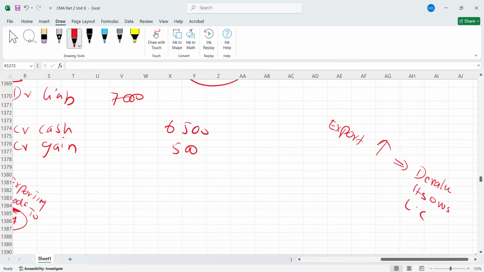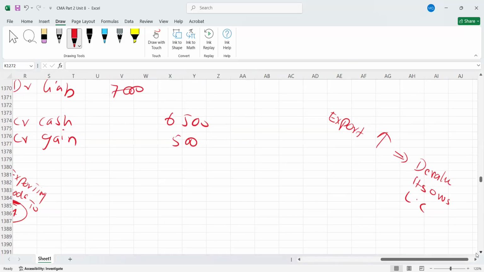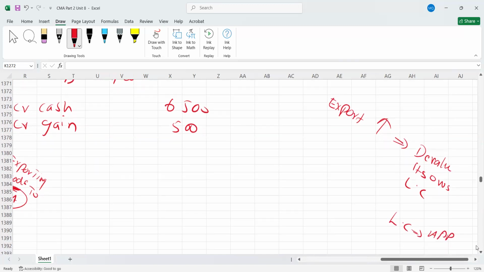But what will happen if the local currency is appreciated? For example, if local currency appreciates, then what will happen? Exports will go down. Why? Because when local currency becomes expensive, obviously your goods will also become expensive for the foreign customers. So remember this rule first, guys, because this rule will help you to solve many questions.